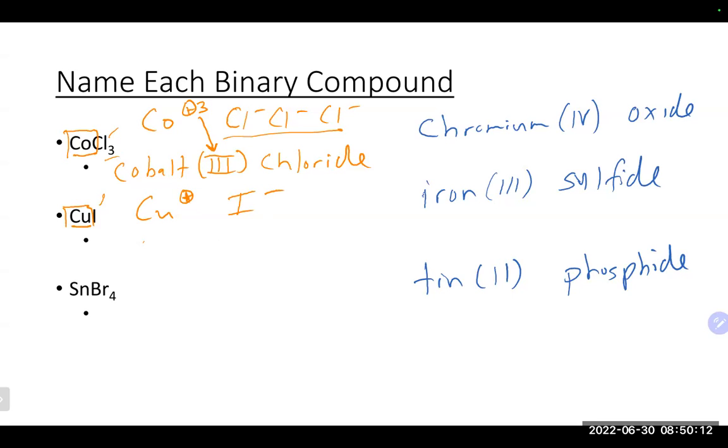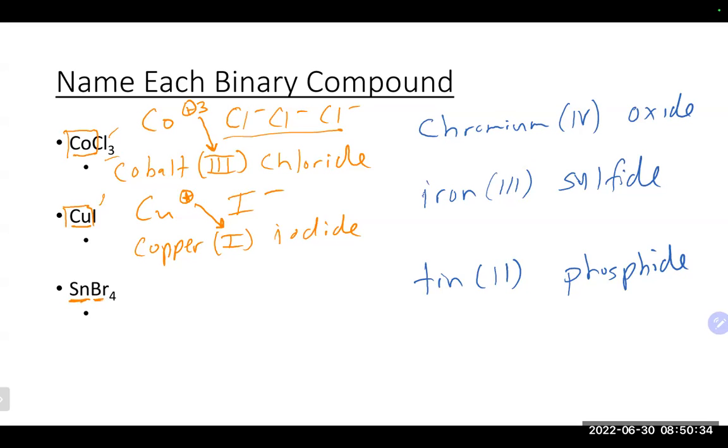Whole name of the metal, so copper. We're going to insert the Roman numeral to tell us that we are dealing with the copper 1 version of it. And again, our iodine gets the -ide at the end of it, so iodide in this case. So copper 1 iodide.